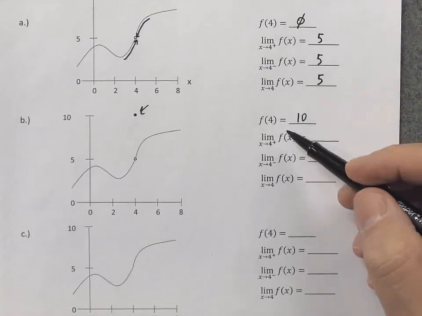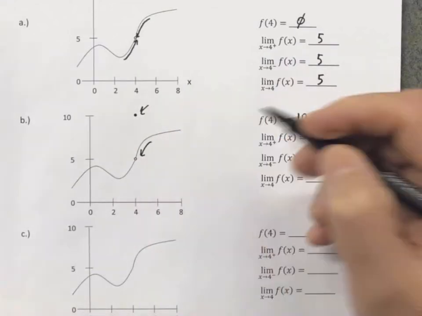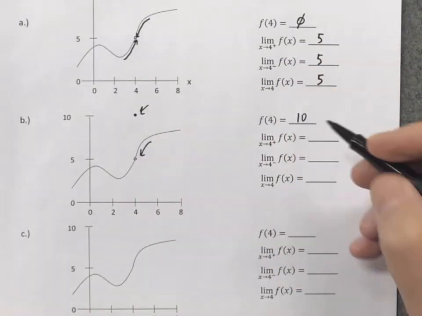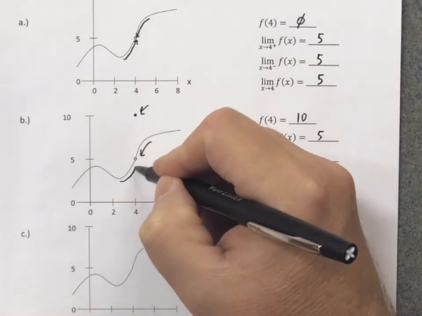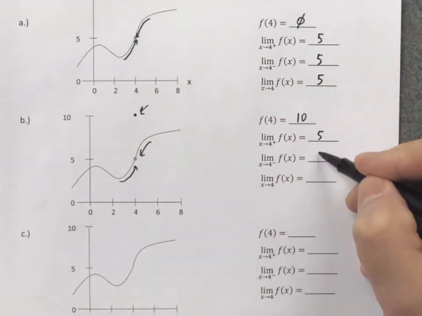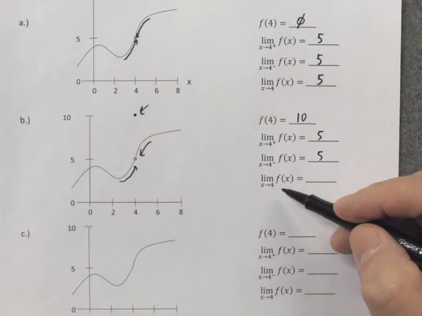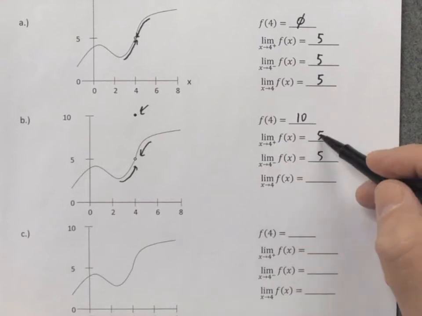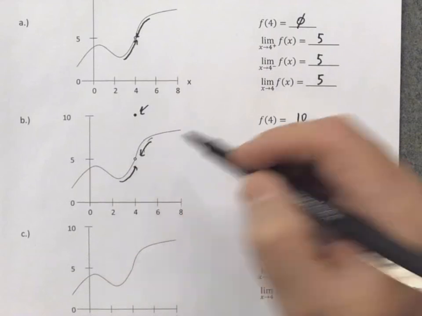And then the same 3 questions. As x approaches 4 from the high side, it's the same as the first problem. It's 5. As x approaches 4 from the low side, what's the function? 5. So therefore, what's the limit of the function when x approaches 4? High and low approach the same value. You can see from the graph.